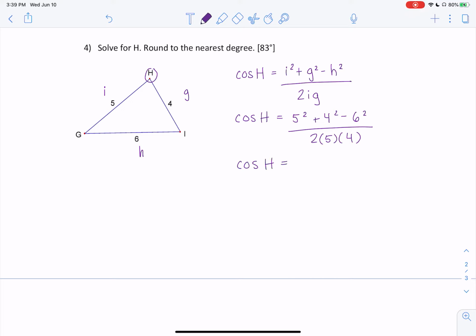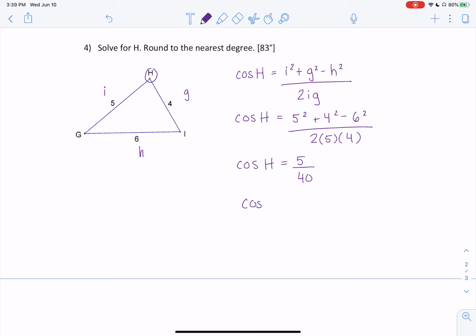And I'm just going to simplify the numerator and the denominator. So my numerator, we get 5. And my denominator, we will get 40. And now I take 5 divided by 40 to make it a decimal.